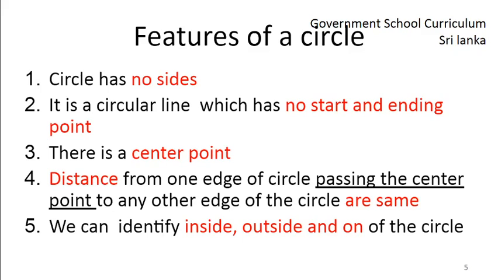One more thing you have to do. Take the ruler. I hope everybody has the ruler now. Measure the length of these two lines that you got, and you will see that these two lines are the same. Each is a distance from one edge of the circle to another edge, passing through the center.